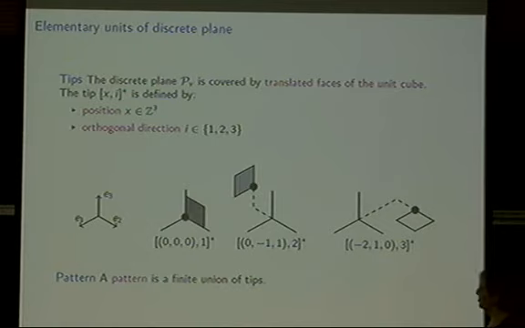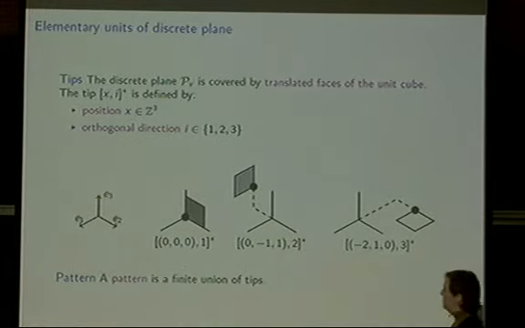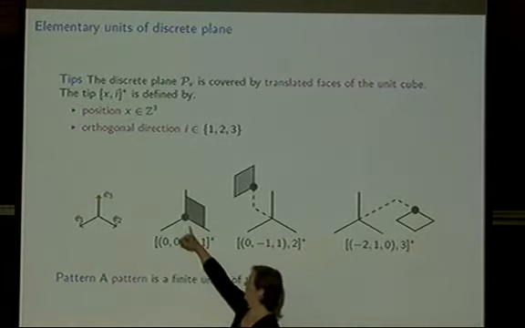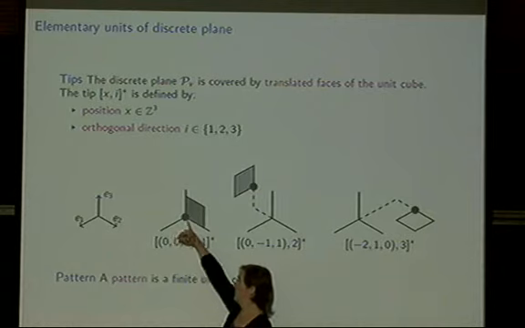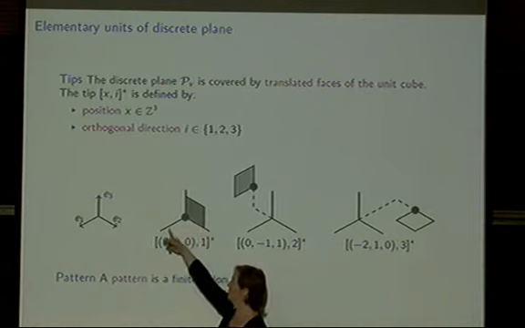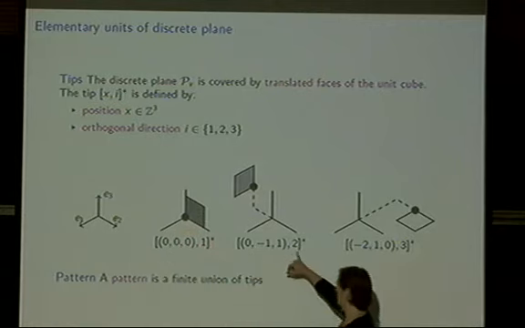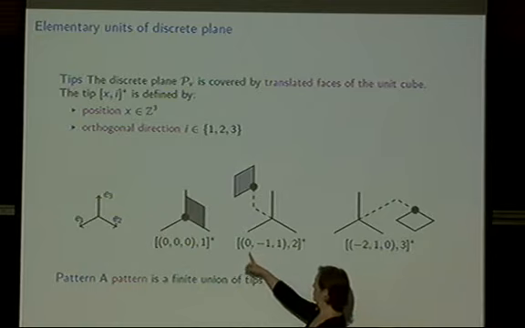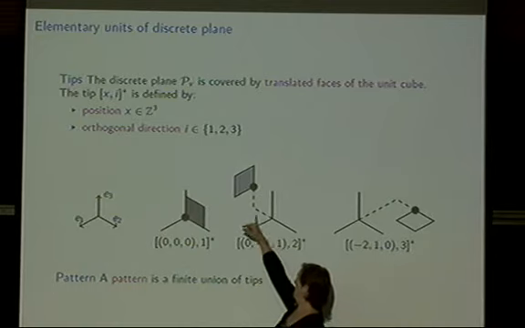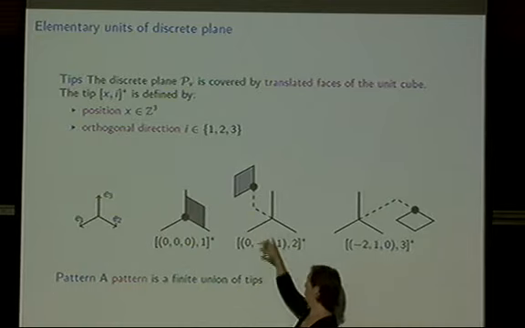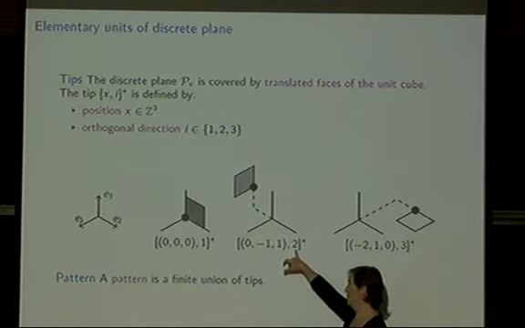So this one, which is (0,0,0,1,*). Star means we consider a face of a cube. (0,0,0) means that we are just placing the cube at (0,0,0). And 1 means that we consider the face which is orthogonal to the e1 direction. Okay? And for that one, I go to (0,-1,1), I put a cube and I look at the face which is orthogonal to the e2 direction.